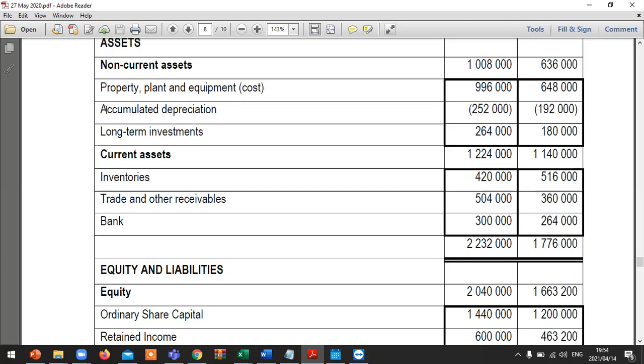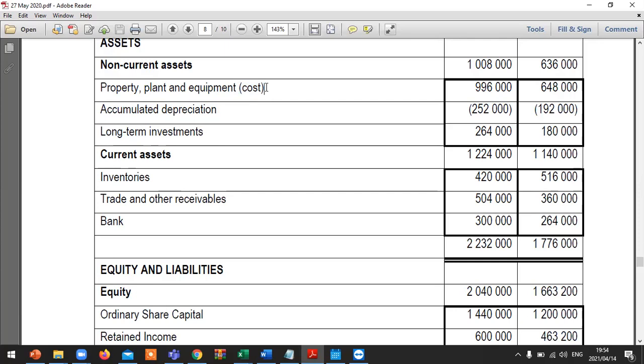Say, for example, you are not given accumulated depreciation and these words in brackets. That would mean property, plant and equipment of 96,000 is the carrying value. But now they have indicated cost. Once you see cost, you need to look for what?